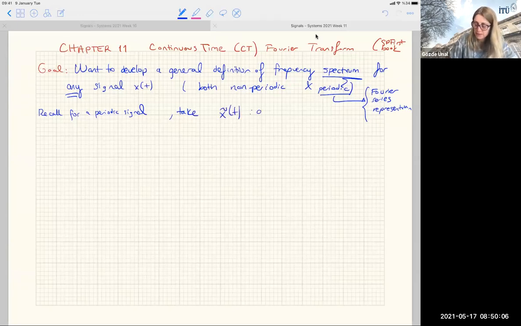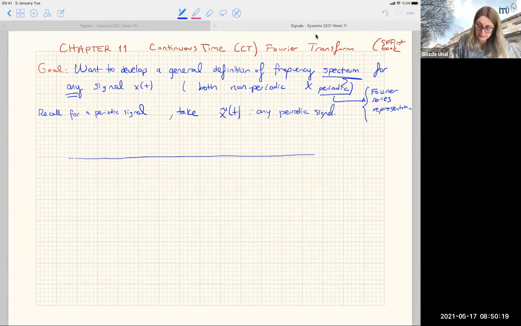I'll just graphically plot it and assume some graphical form, but it doesn't have to be this. I'll just draw a rectangular pulse like this, but it can be any waveform, of course. Remember, a periodic signal repeats itself, right?